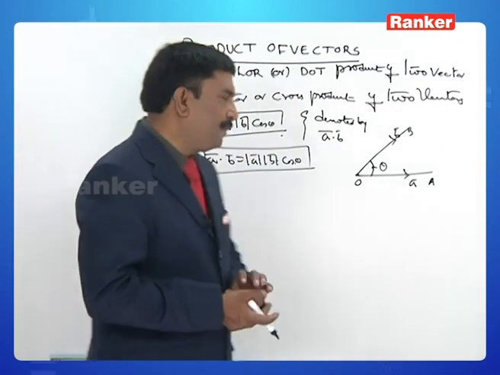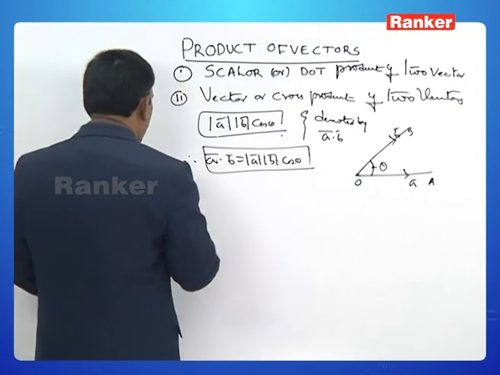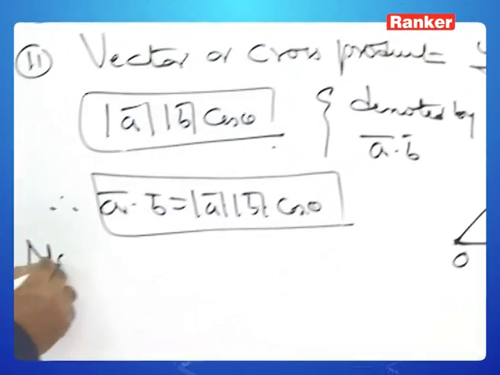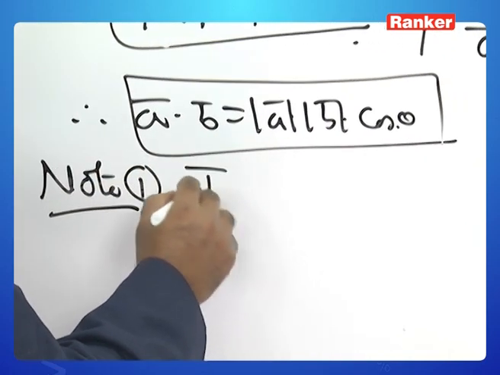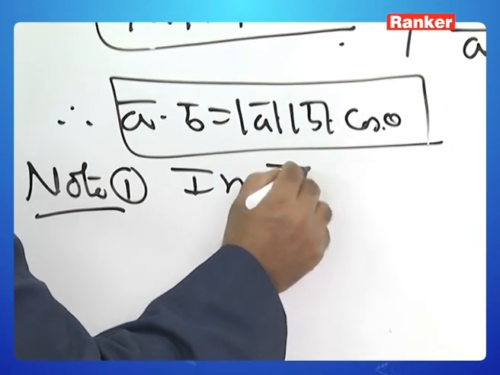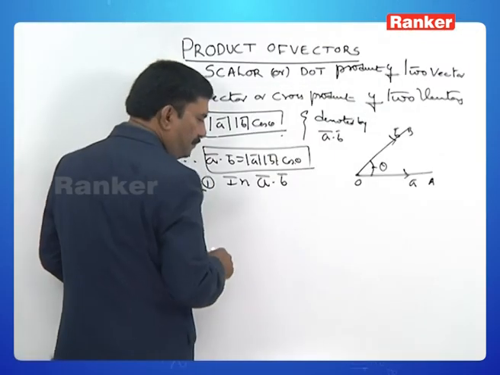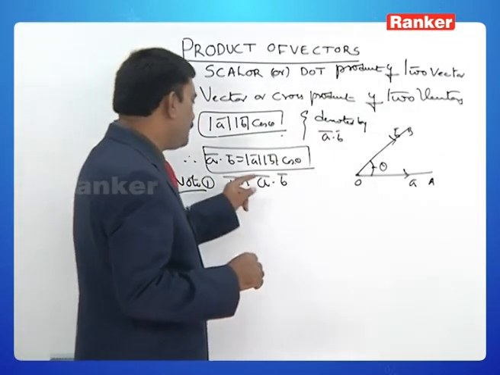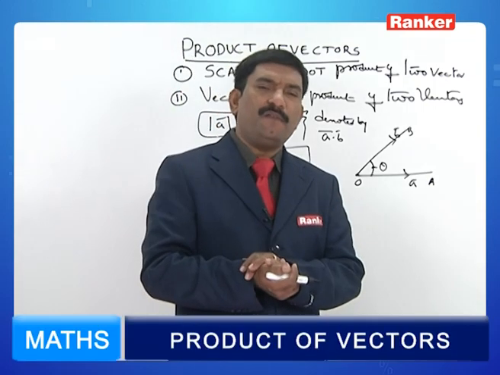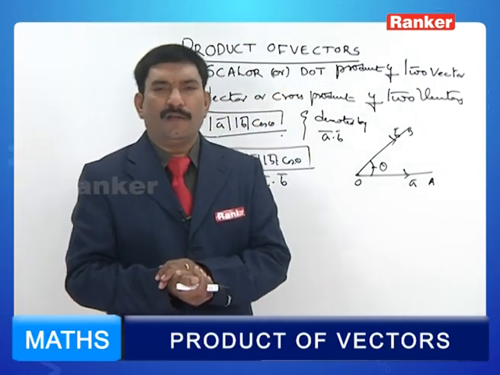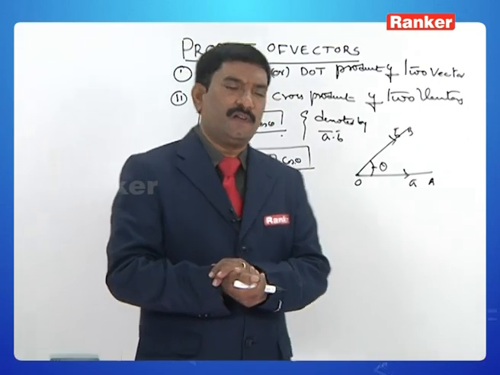Okay. Now note 1 follows. What's note 1? In A bar dot B bar, in this product, we call A bar the pre-vector and B bar the post-vector.